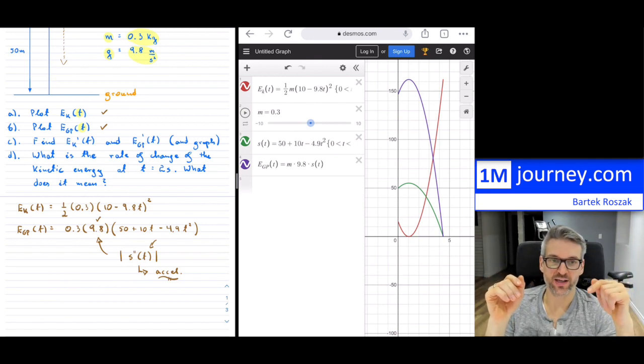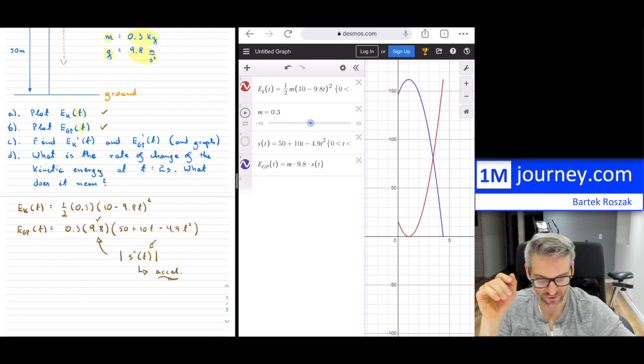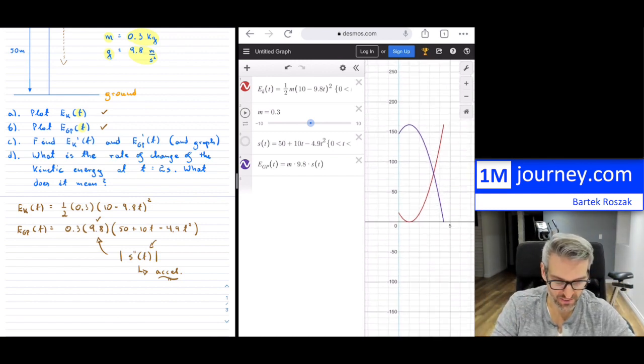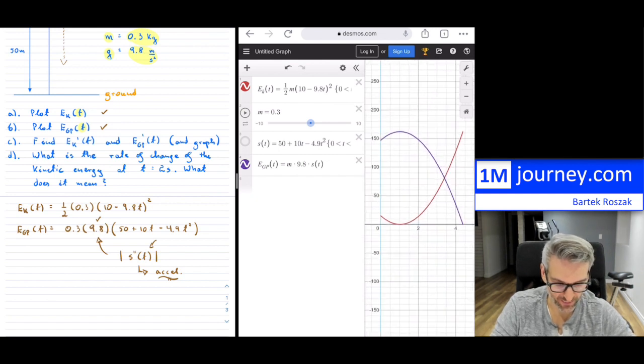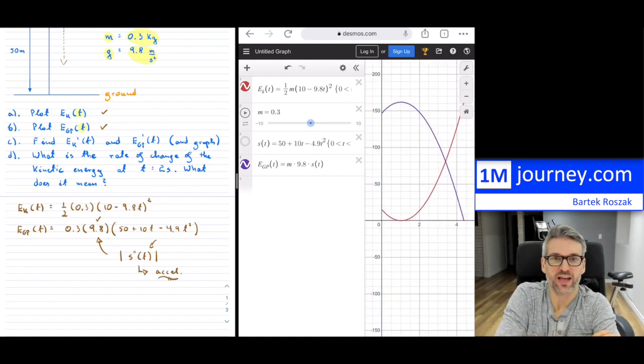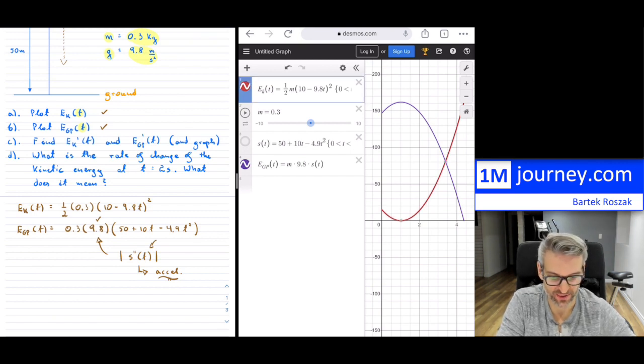And then eventually as it hits the surface, notice the difference between them. Let me just remove this. Notice that these basically overlap. So the gravitational potential energy and the kinetic energy are different. Kinetic energy is dependent on the movement of this particular ball, or of anything. If the speed is 0, then kinetic energy is 0, which happens at the peak, at 1.02 seconds.